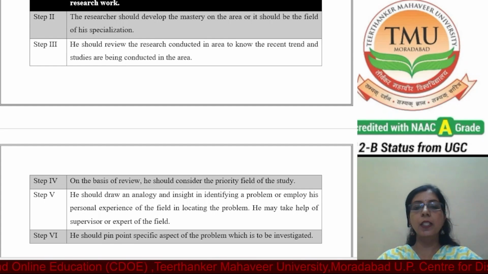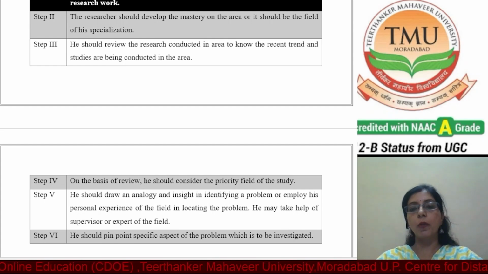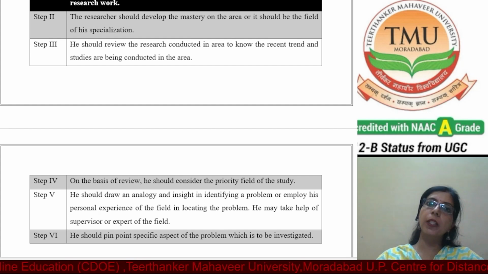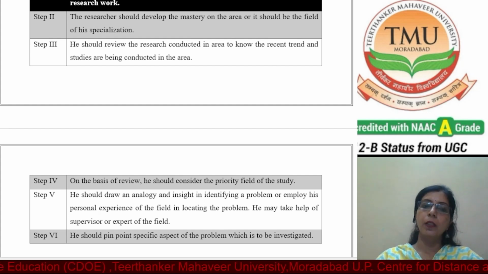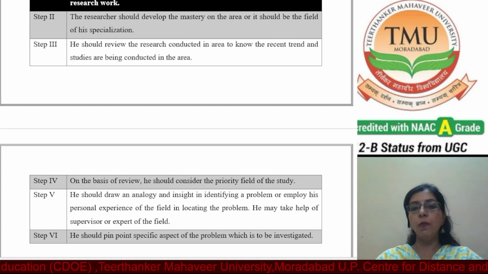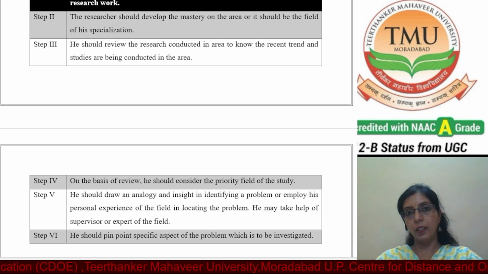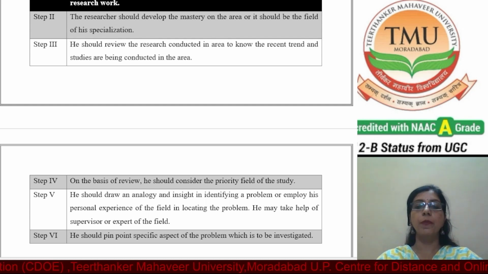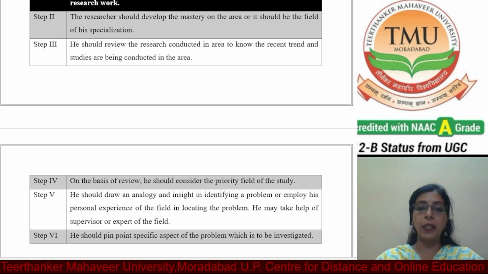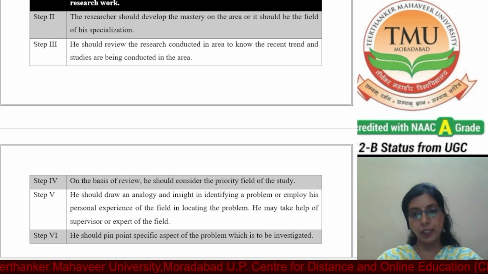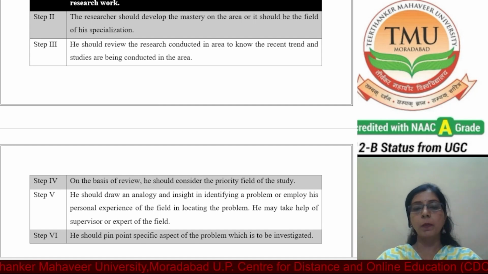Whether he is well equipped in terms of his competency to carry out the research, whether the study falls within the budget a researcher can afford, whether he or she can obtain the necessary cooperation from those who must participate in the research as respondents or subjects.